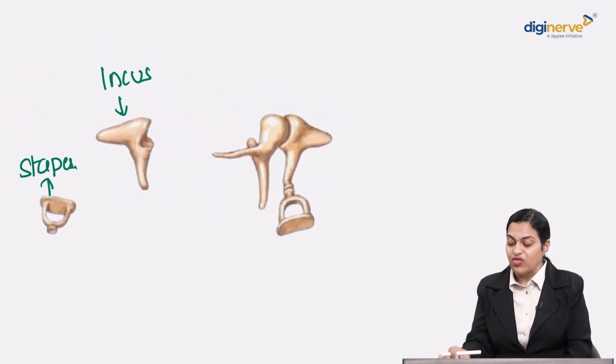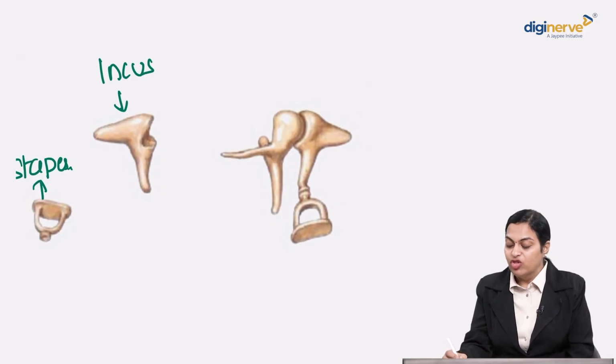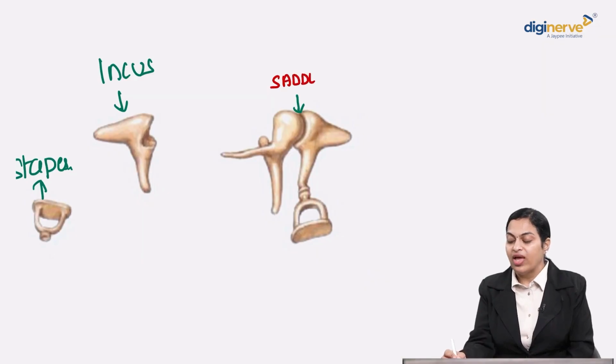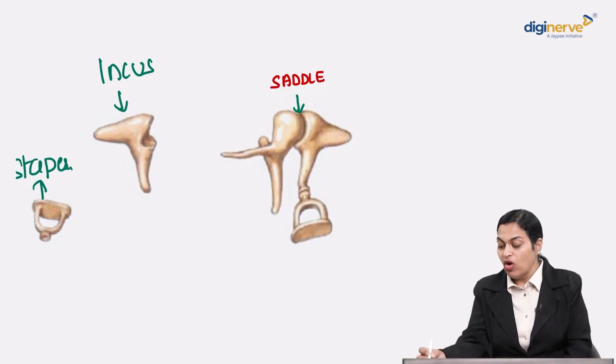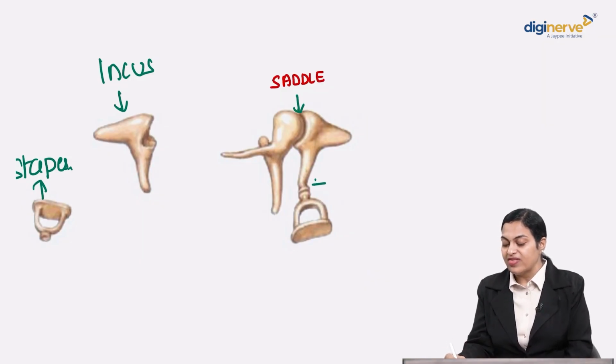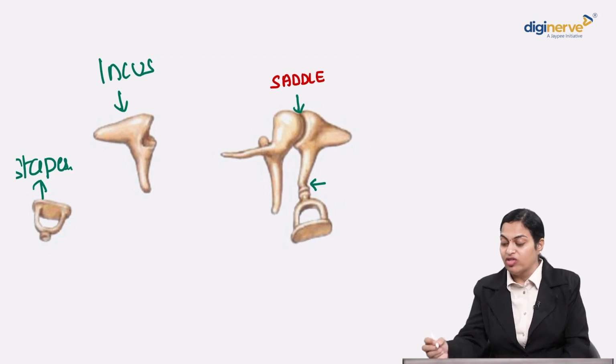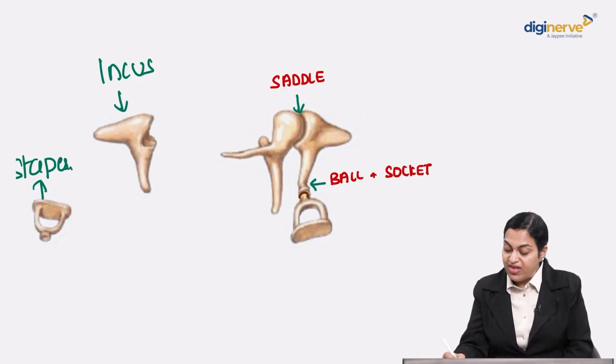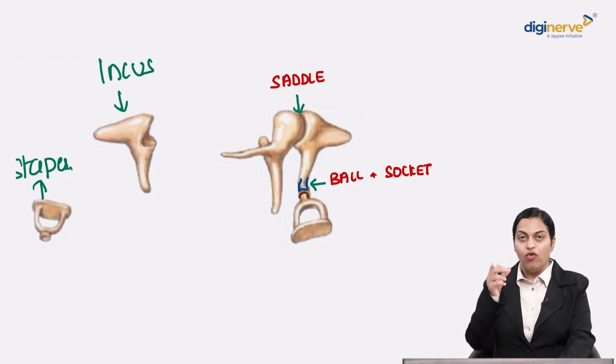So here, another question that they've asked over the previous years. The joint between malleus and incus, what type of joint is it? Saddle type of synovial joint, right? And this joint between the incus and the stapes, incudostapedial joint, is an example of ball and socket type of synovial joint, where the head of the stapes fits into the lower part of the incus, the lentiform nodule.